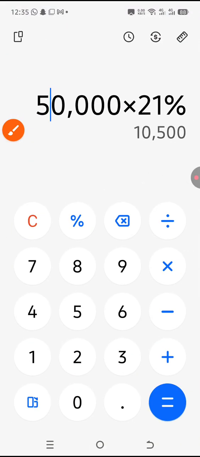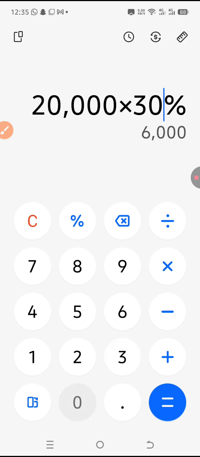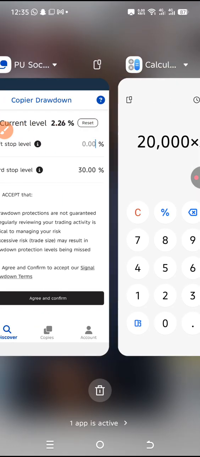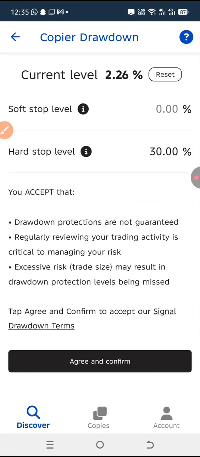Let's check 30% of 200. That's $60. So it is still advisable that if you're on 200, you can put it at 30%. Anything above 200 can be on 30%.